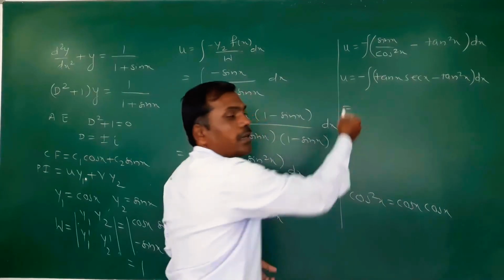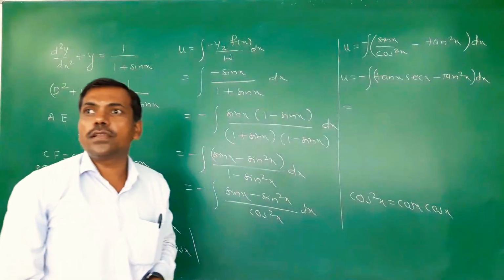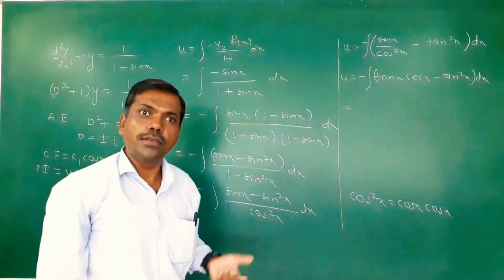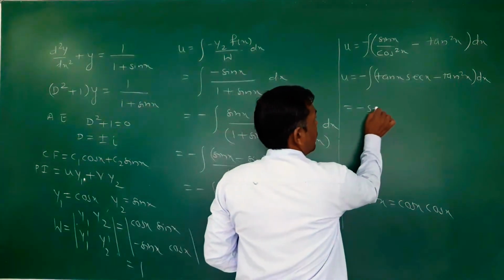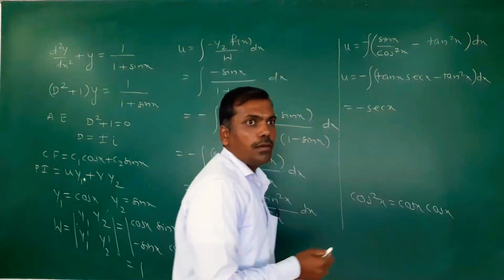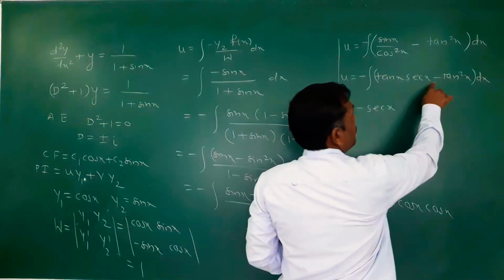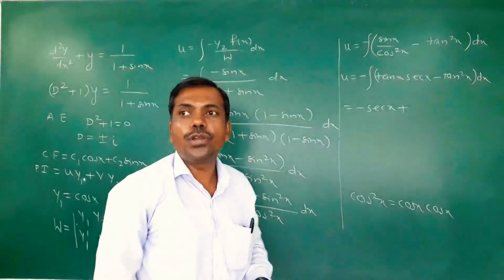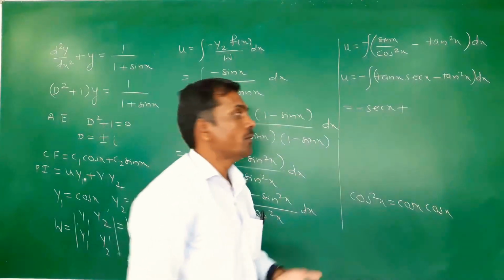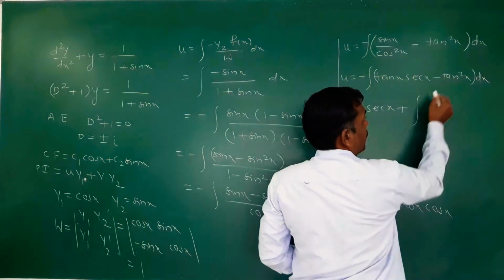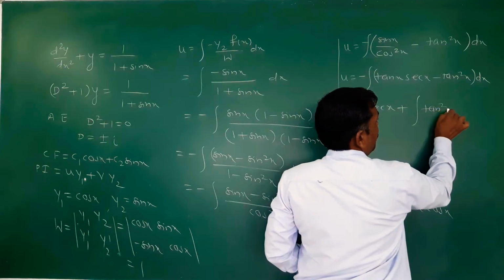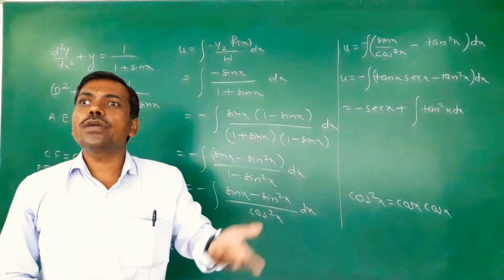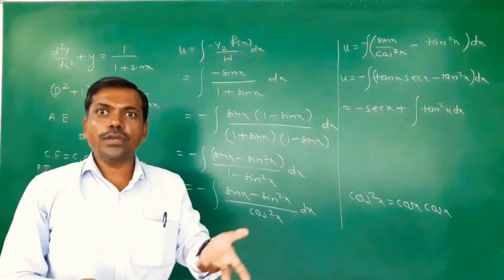Now you can easily integrate. What is the integration of sec x tan x? It is sec x. So here minus sec x. Right? Minus minus plus integration of tan² x. We don't have a formula for tan² x, so this tan² x we can write as sec² x minus 1, in terms of sec² x.